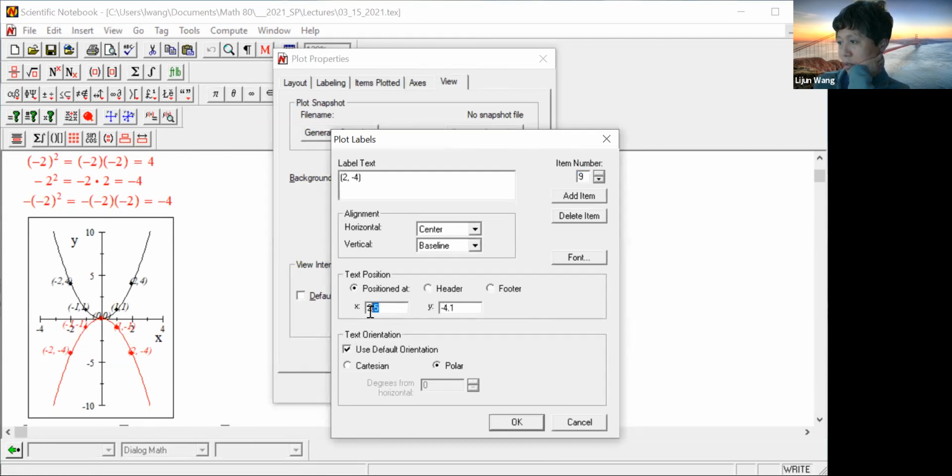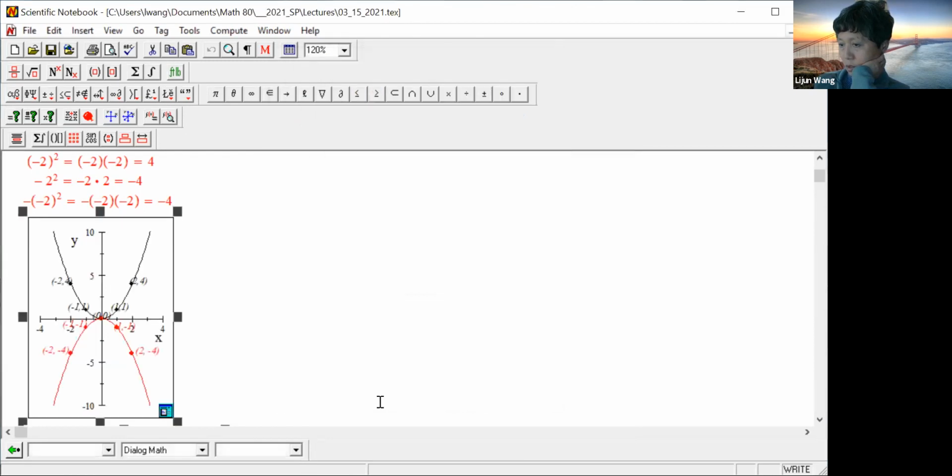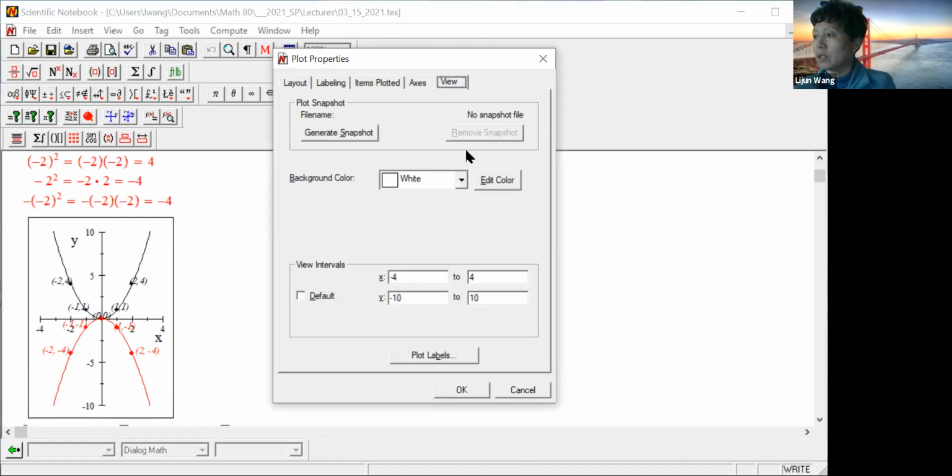Okay, that should do it. So what do you see? This is x squared, and that's negative x squared. This is f, this is g, right? That's f, that's g.